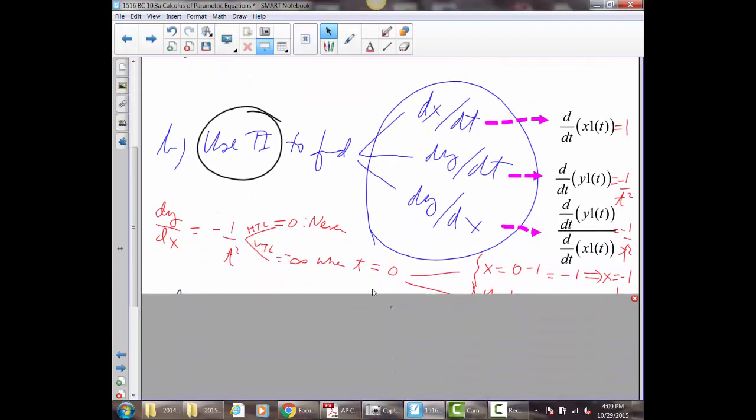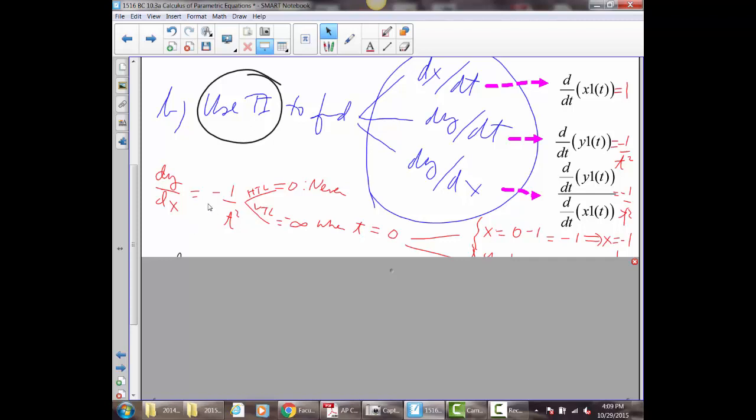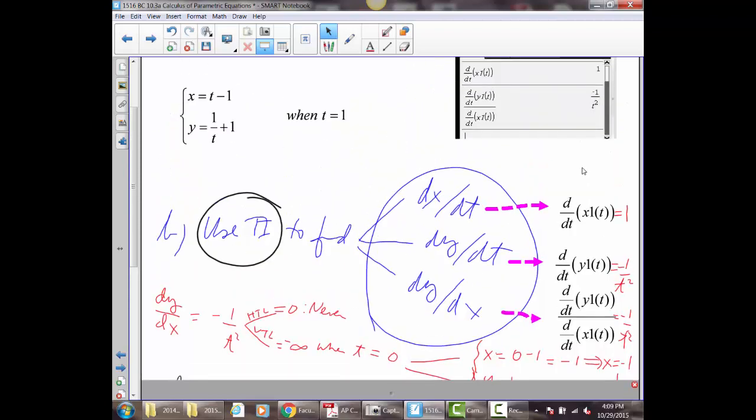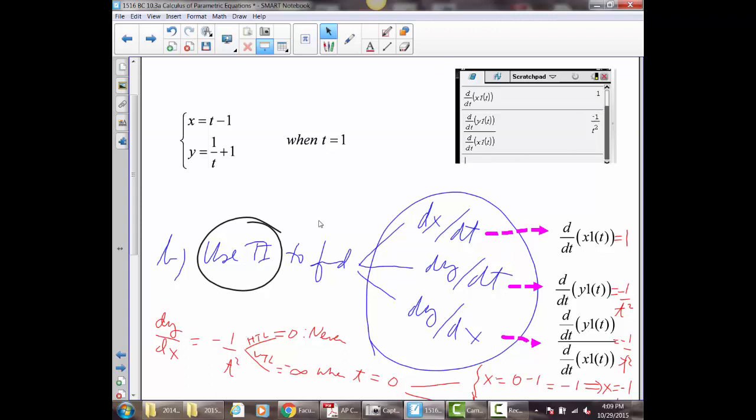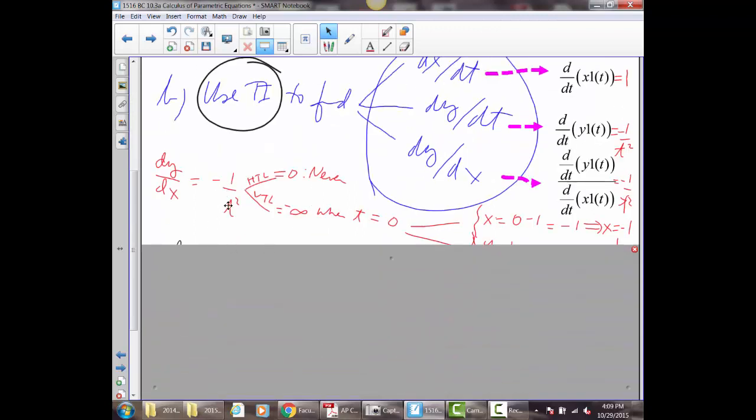So what we need is the slope of our tangent line, which is our dy/dx. You can't just call it the derivative anymore. We figured out over here, using the calculator, that our dy/dx is negative 1 over t squared. So that's what our slope is, which is going to equal 0 never. Remember, I'm looking for critical numbers. And it'll be undefined, which is negative infinity, at t equals 0.